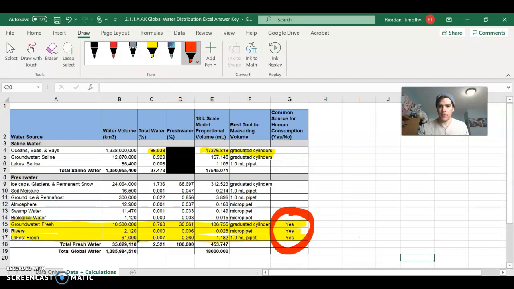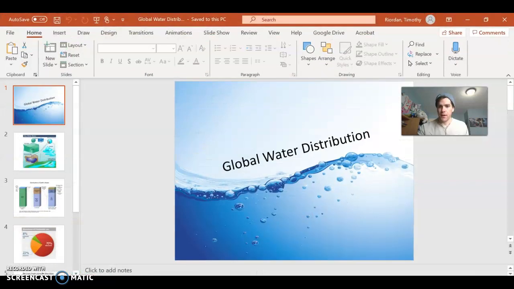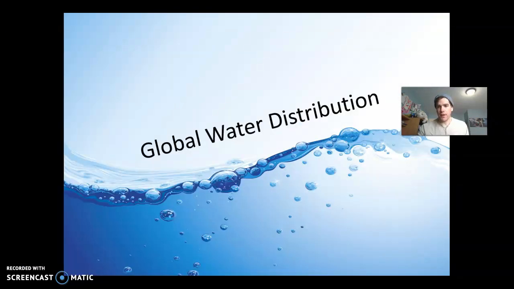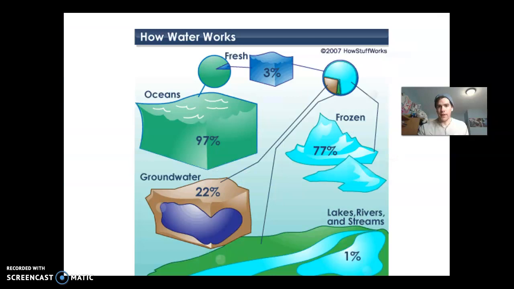So if I pop this up for a second and look at this real quick, I'm a visual learner, so with the numbers, my eyes kind of cross a little bit when you're looking at 0.00012 whatever. But I did want to look at this, graphically representing exactly what we did. 97% of all of the water on Earth is salinated oceans.